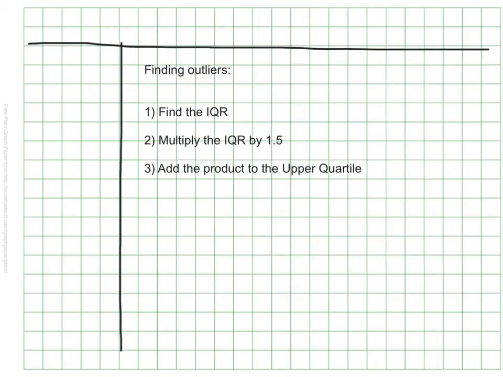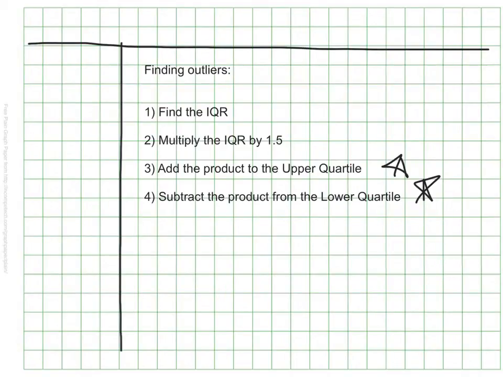The first thing you'll do with that value is to add that to your upper quartile. You will also take that product and subtract it from the lower quartile. These 2 numbers that you have just found represent the boundaries of what is considered the outlier.